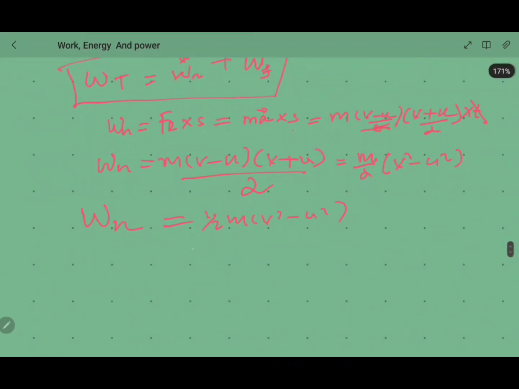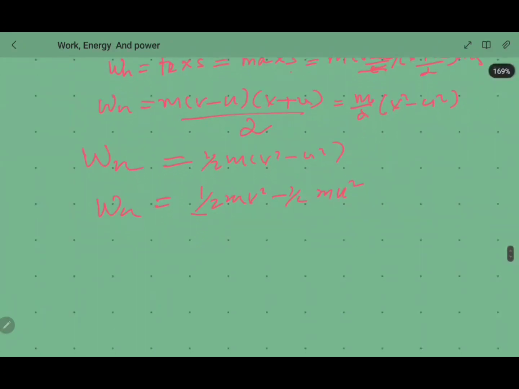Then we can distribute: the work done by the net force is equal to half times the mass times v squared minus half times the mass times the initial velocity squared. Half times the mass times v squared is the final kinetic energy.